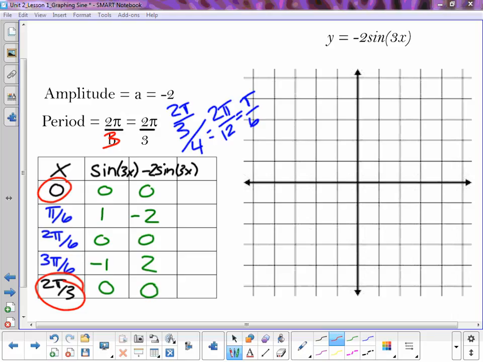So on a test or something like that, a quiz, you need to make sure you're very explicit about your labels. Because you might want to make yours bigger because it's easier for you to graph that way. You might want to shrink it down because it's easier for you to graph that way. So make sure you're labeling your axes so I know that you're hitting the correct points.